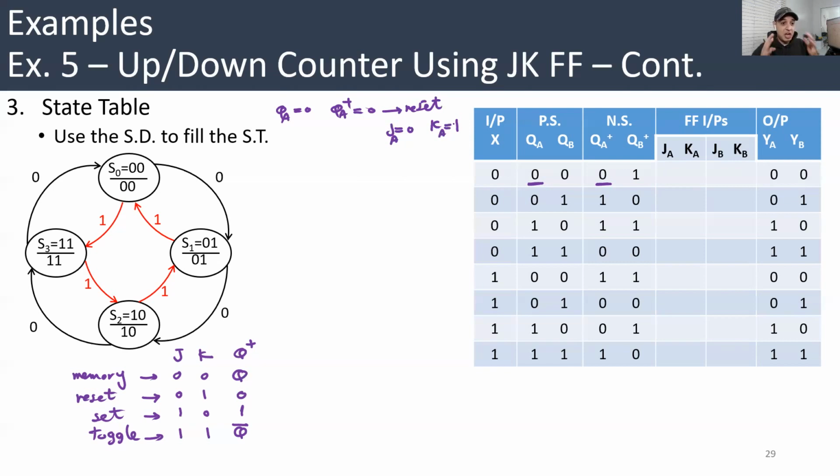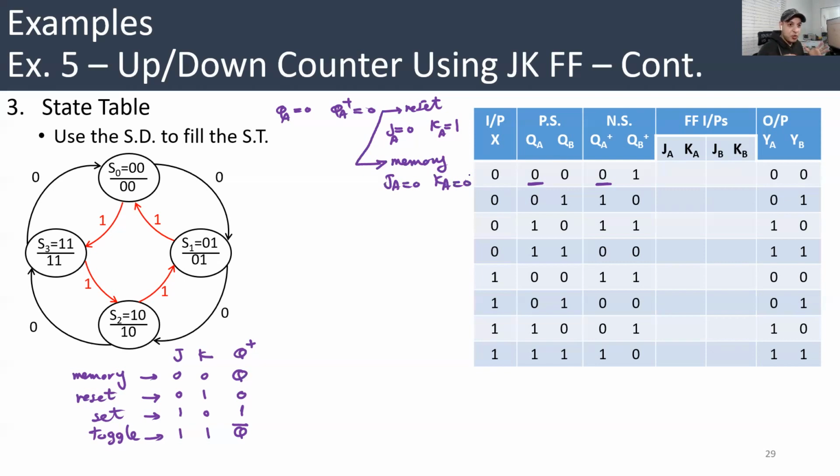Of course, it will become 0 regardless of the previous output, regardless of Q. Q plus will be 0 regardless of Q. And it happens here that Q is 0 also, so it's not a change, right? So you can also interpret this Q 0 and Q plus 0 as no change. That's another interpretation, no change, or memory state, which means JA is 0 and KA is 0.